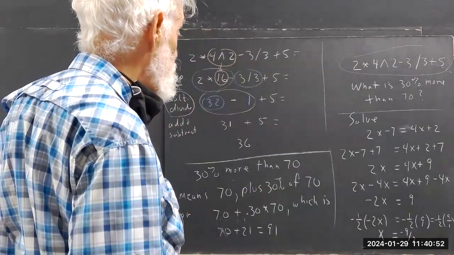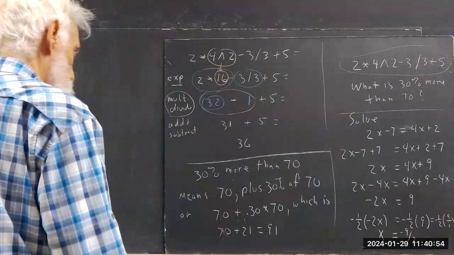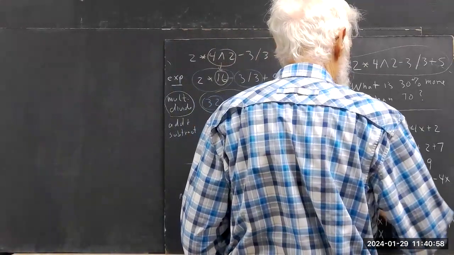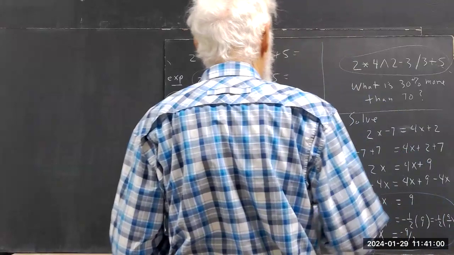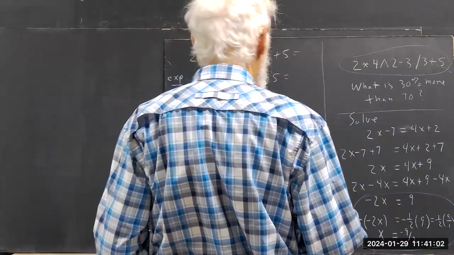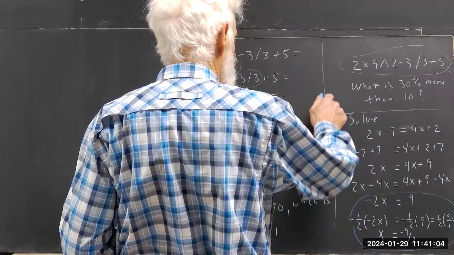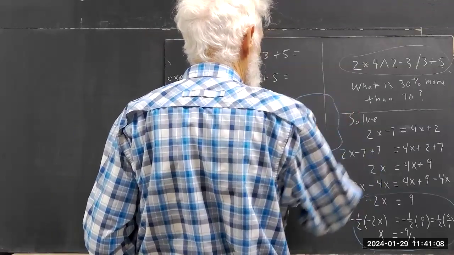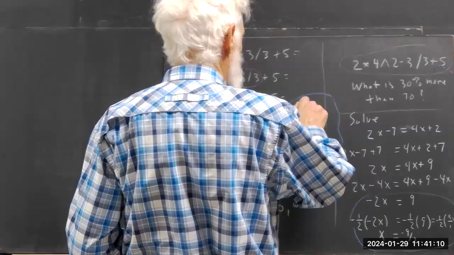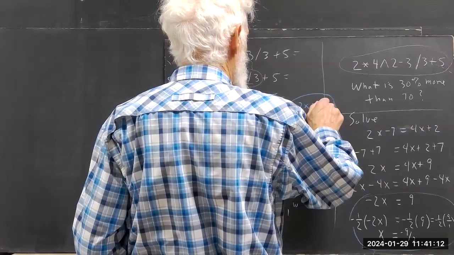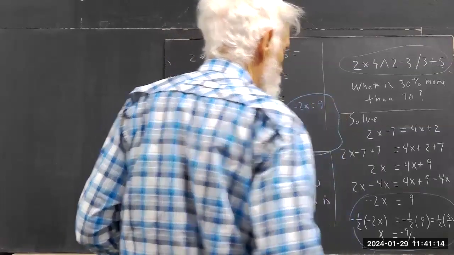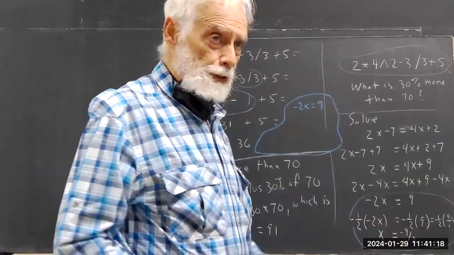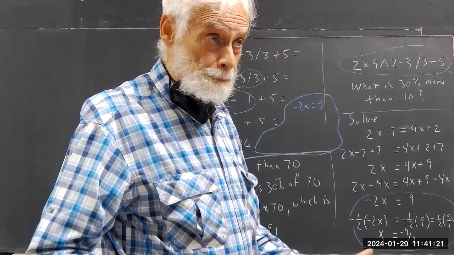Well, there it is. Now, one other little comment. You have negative two X equals nine. Now I wrote it as multiplying both sides by negative one half, right?